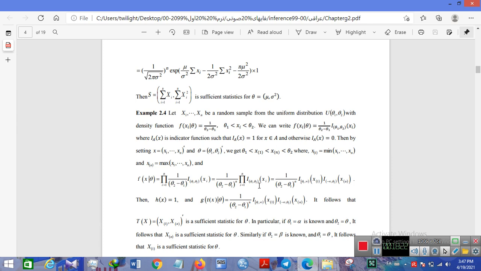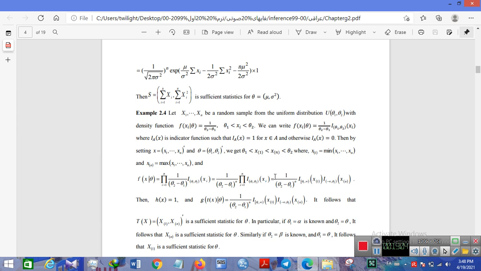So this product is 1 if X(1) and X(n) are between theta 1 and theta 2, because the minimum and maximum of the data are between theta 1 and theta 2, so all of the xi are between theta 1 and theta 2, all of the I(xi) equal 1, and this product is 1.